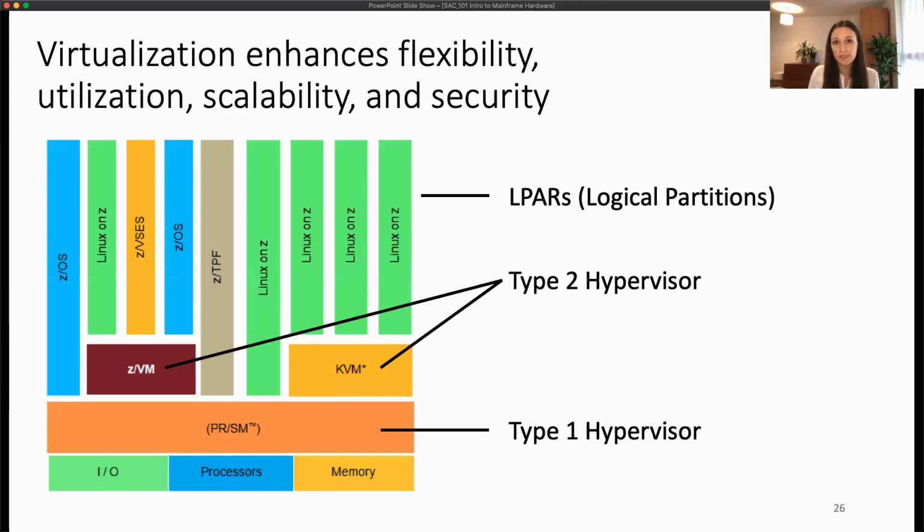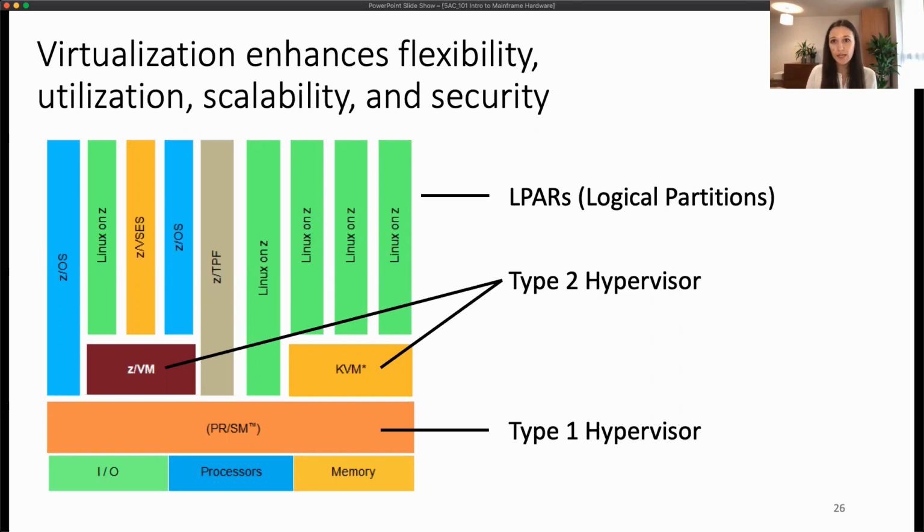Virtualization basically means that you can take bits of the physical resources and you can build a separate system with them. Those separate systems are called LPARs, which stands for logical partitions. An LPAR is logically completely separate, even though it still runs on the same physical machine, the same physical mainframe.